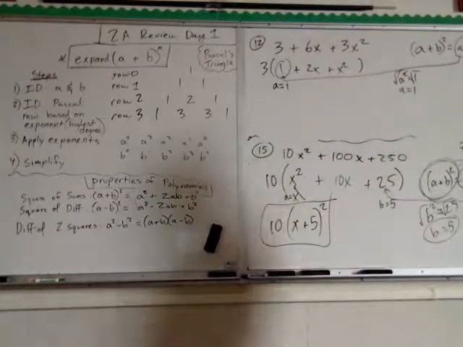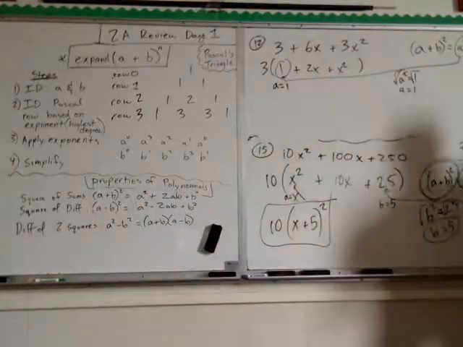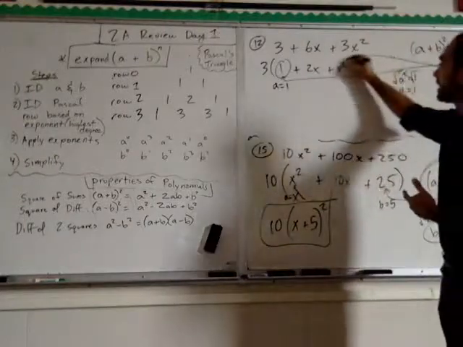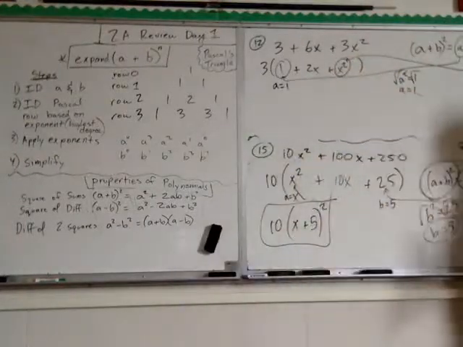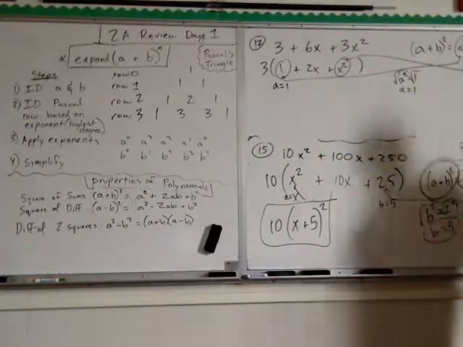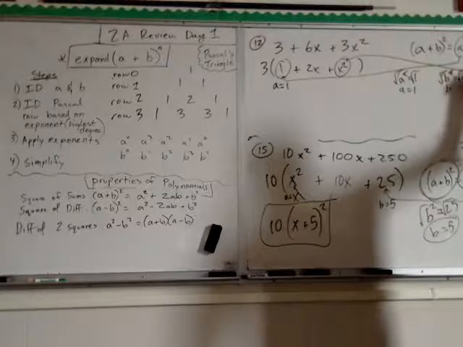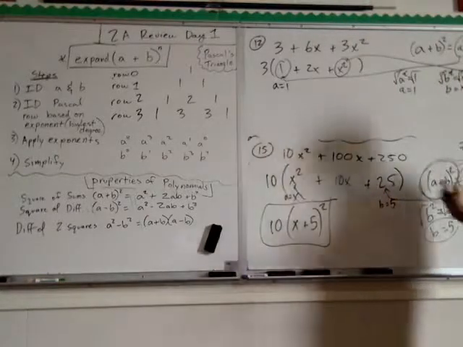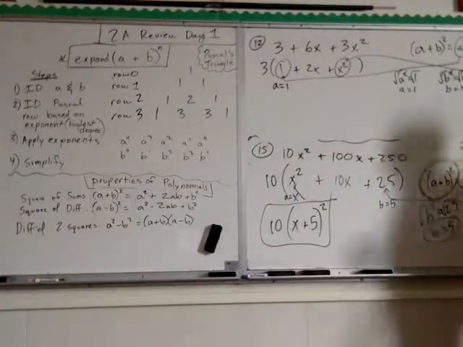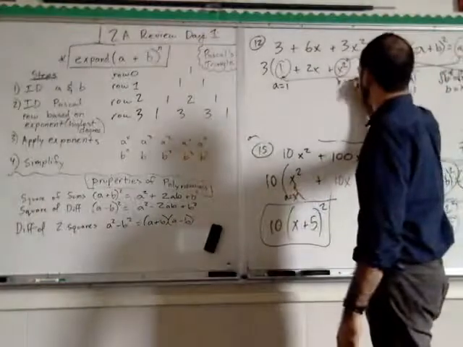Crickets. Don't have my sound effects handy. X squared, right? So again, if you need to do the baby step, b squared is equal to x squared. So if I square root both sides, b is equal to x. So what we figured out is b is equal to x.